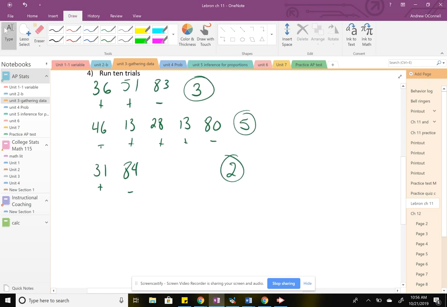Generally speaking, at that point, you have some type of representative statistic. Like I'm just going to say the average: 3, 5, 2, 10 divided by 3 would be 3.3 repeating.